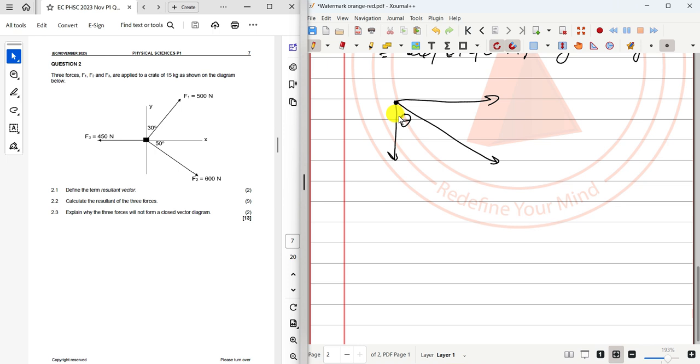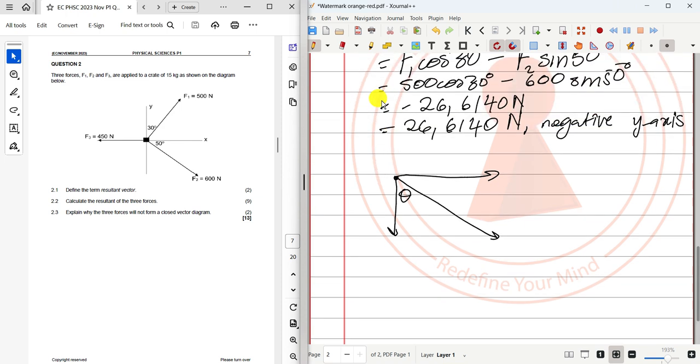Now since it's here, we are good to go. We can also say, with what we have here, we have something like this: this is FRY, FRX, and then FR.